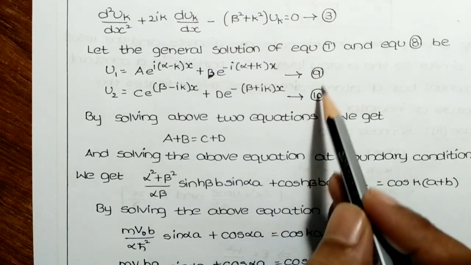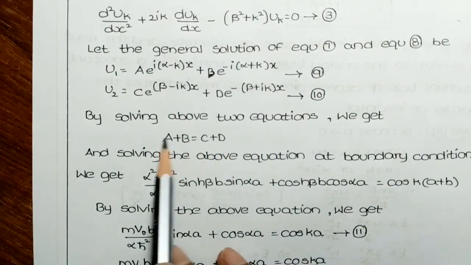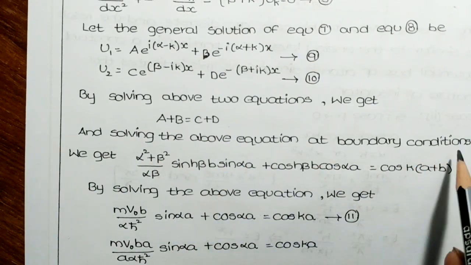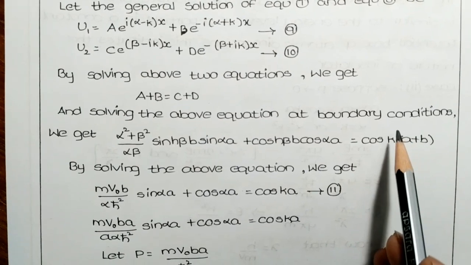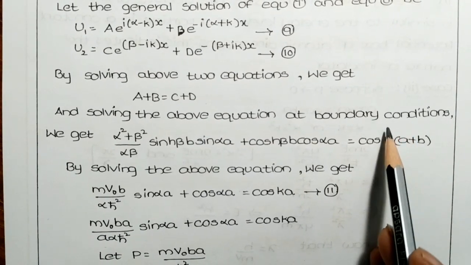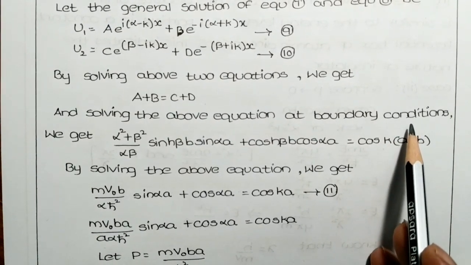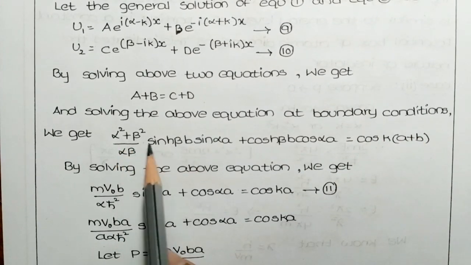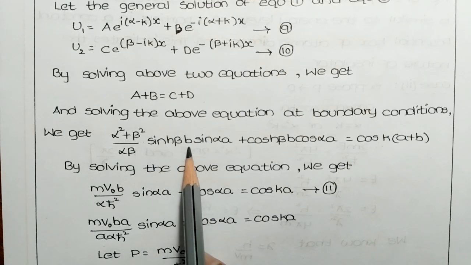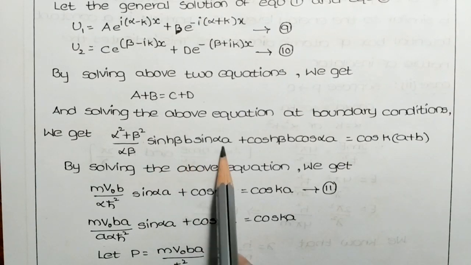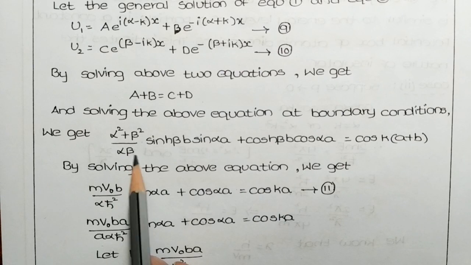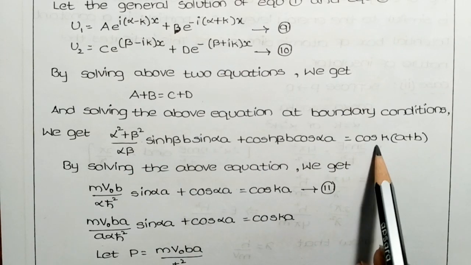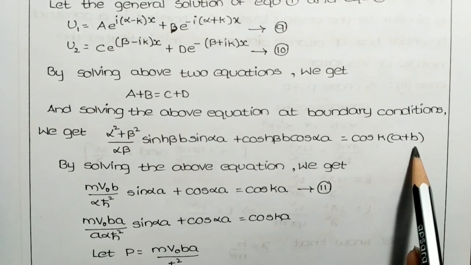By solving these 9 and 10, we will get a + b = c + d. By solving the above equations at certain boundary conditions, boundaries at a and −b, we will get ((α² − β²)/(2αβ)) sinh βb sin αa + cosh βb cos αa = cos k(a + b).